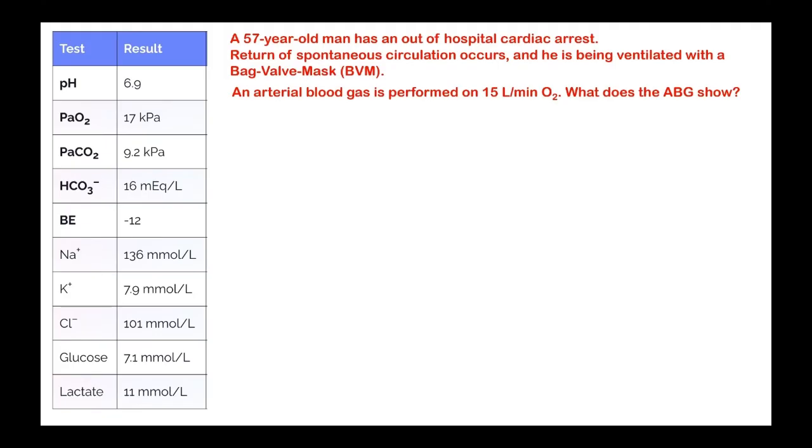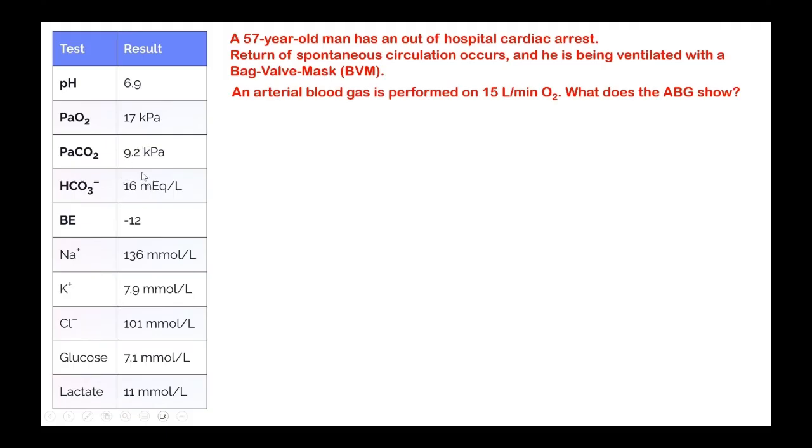So 1 kilopascal is equal to 7.5 millimeters of mercury. So PaCO2 9 multiplied by 7.5, is it normal? High, sir, respiratory. It is almost like 67 or something. Okay. So this is a respiratory component also.